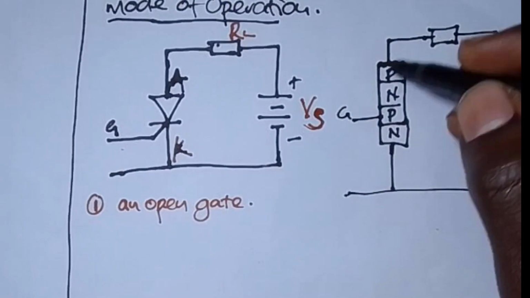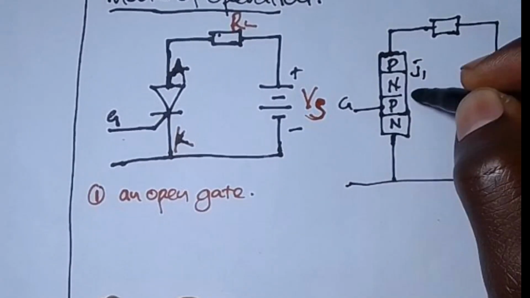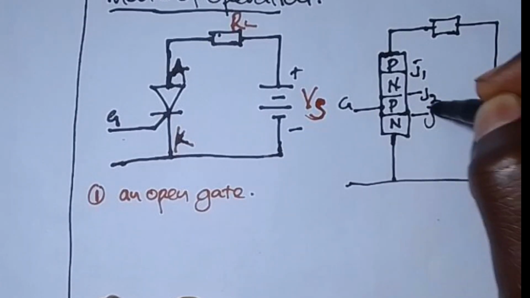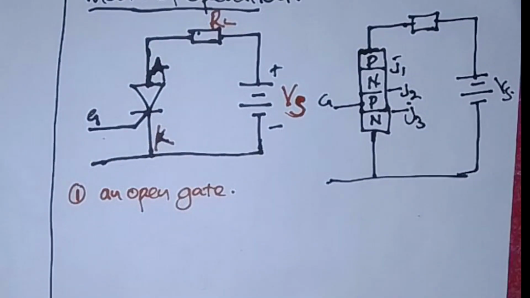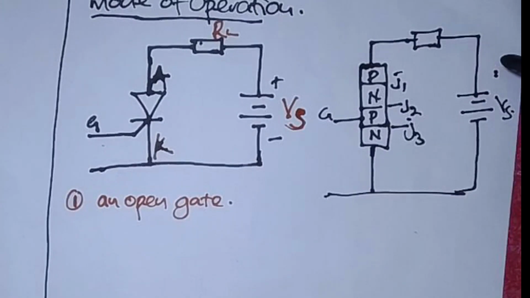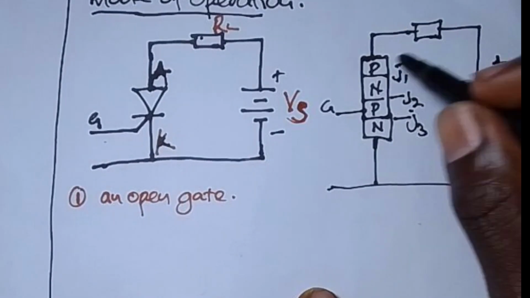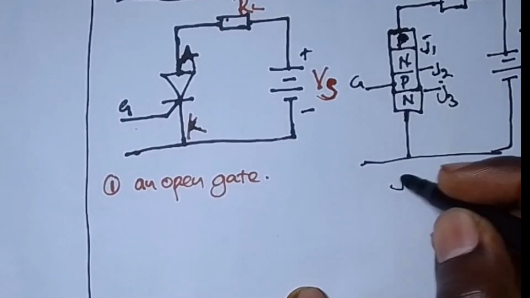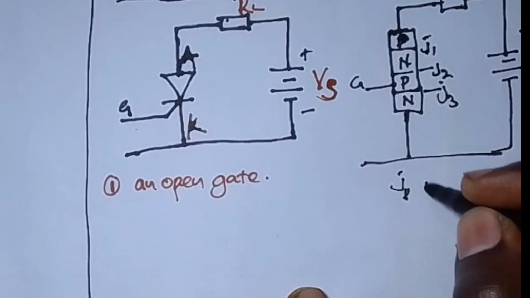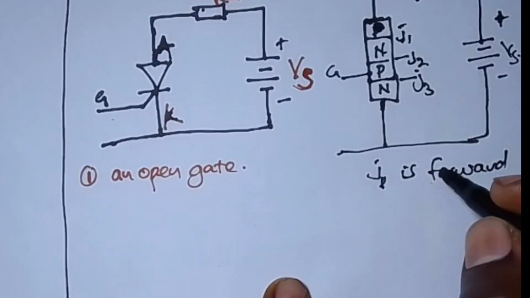When we connect this in such a circuit, these are my junctions: J1, J2, and J3. So what will happen when we don't have any applied voltage? First of all, in this scenario, if the J1 side is connected to the positive, that means J1 is forward biased.